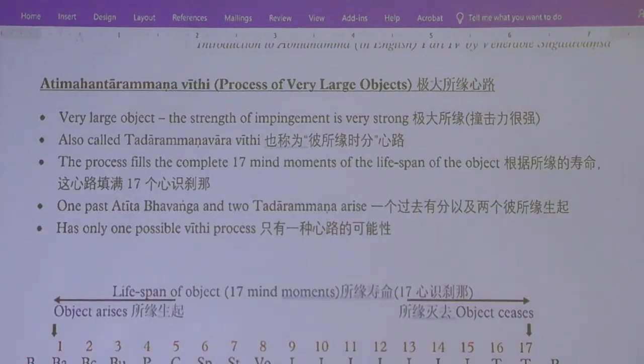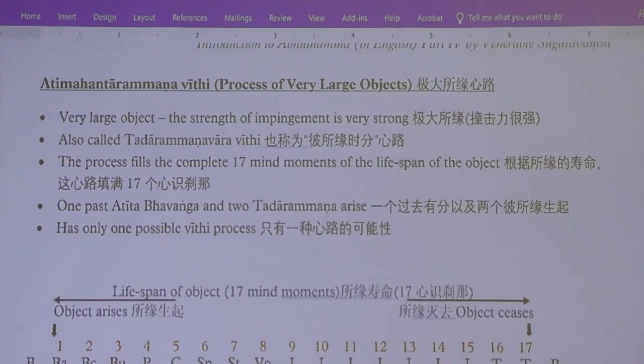It is also called Tadarammana Vithi. Why? After 7 javana mind movements, it arises to tadarammana, the registration mind. Because of that, we can call it another name, Tadarammana Vithi, the registration process.